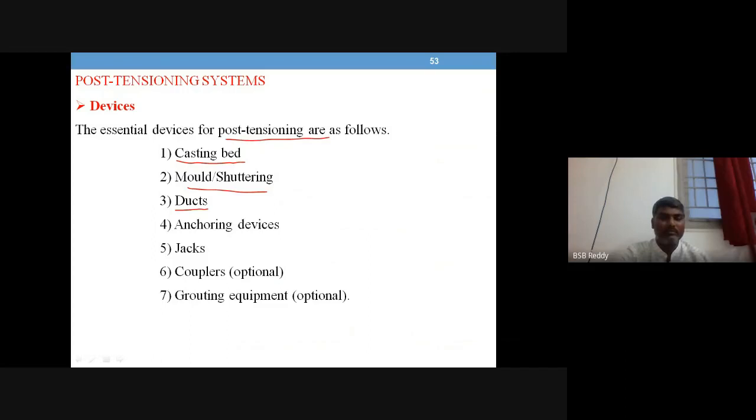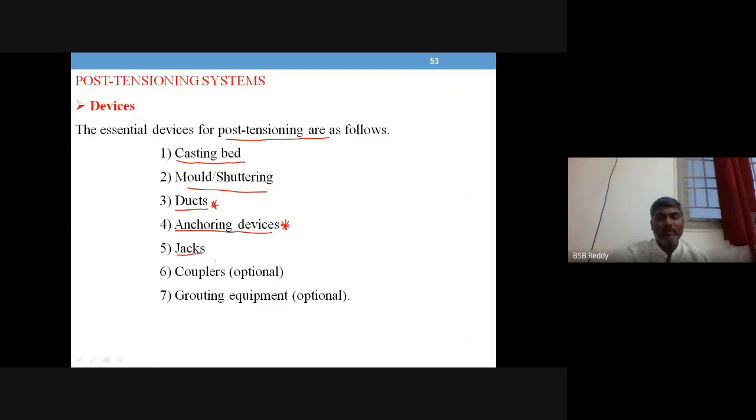This is an additional requirement compared to pre-tensioning. Anchoring devices are also required in pre-tensioning, but only for a temporary period, whereas anchoring devices in post-tensioning are a permanent device which will stay along with the member.